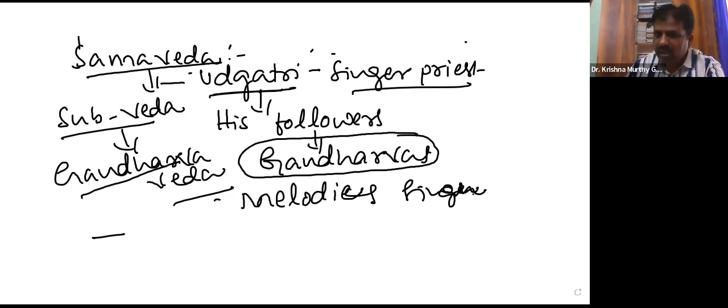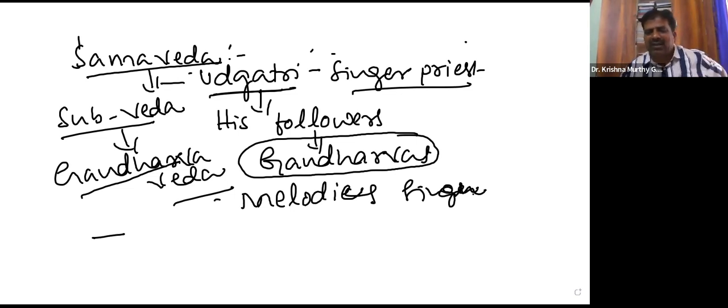Samaveda deals with several musical notes, swaras or ragas. These ragas were composed by the Udgatri. Therefore, he was popularly called the singer priest of the ancient days. His followers or students were called Gandharvas, very melodious singers of the ancient days.